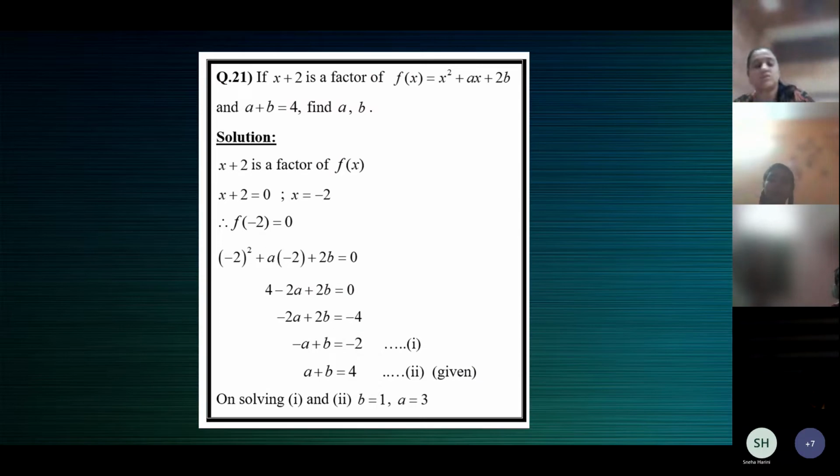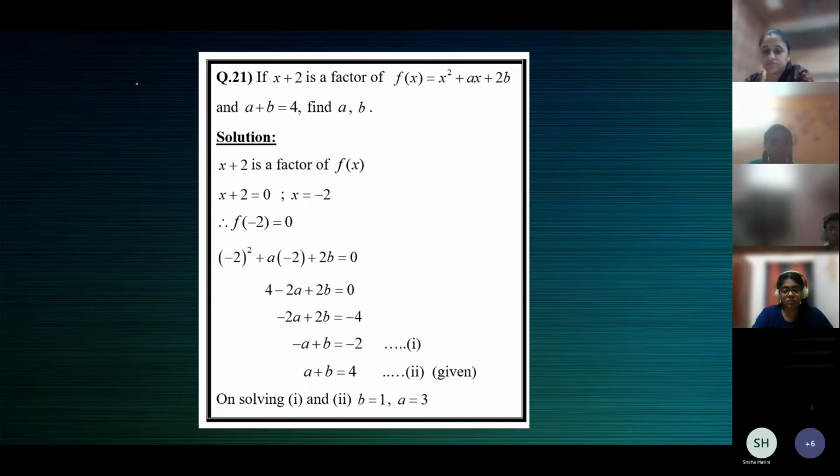So again, this goes down to 9th standard. There is one condition given to us. A plus b is equal to 4. The other condition you can get from this one. X plus 2 is a factor of f of x.